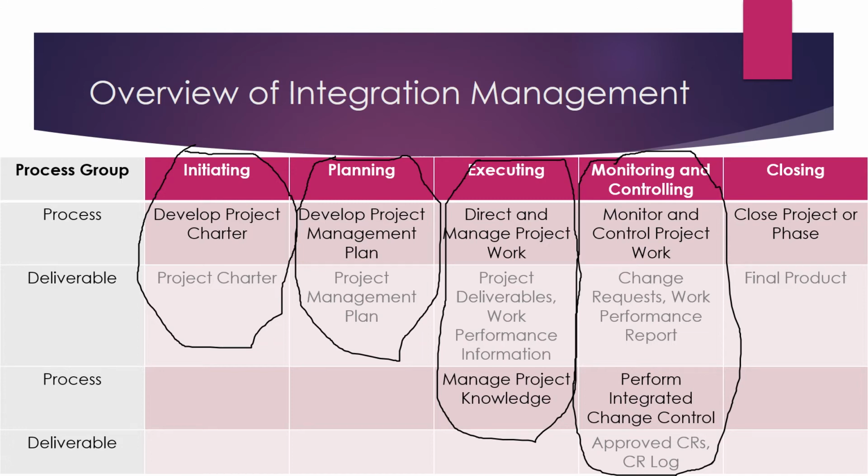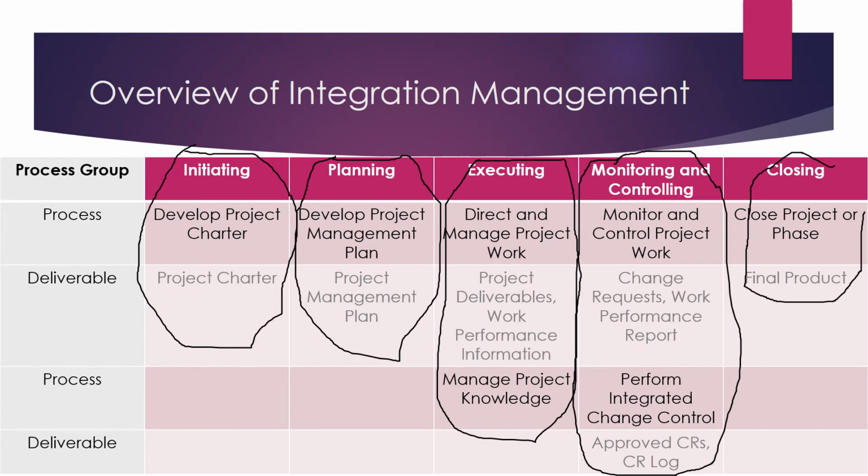And like I said earlier, we have detailed videos and articles on each of these processes, so you can check out what perform integrated change control is all about, and you will learn how approved CRs are one of the major deliverables from this process. And then there's a CR log, which is the change request log. So every CR that goes to the CCB, the change control board, gets logged into the CR log just to keep track of where these CRs are.